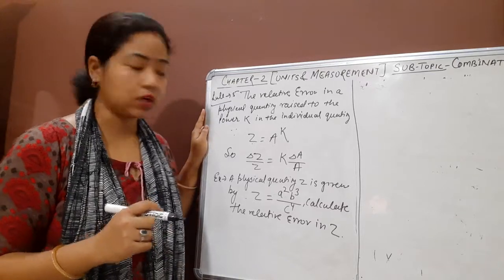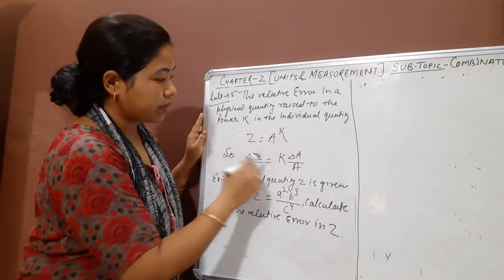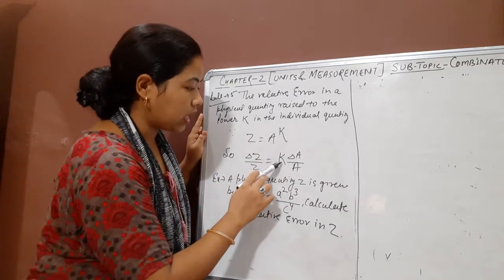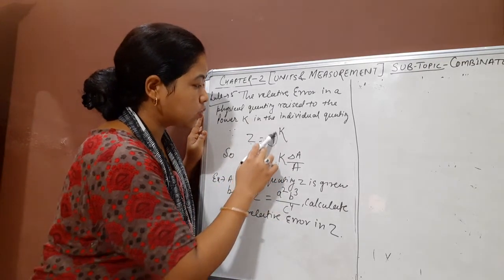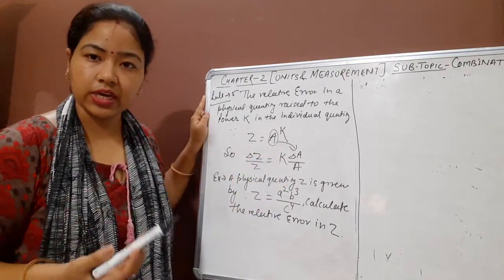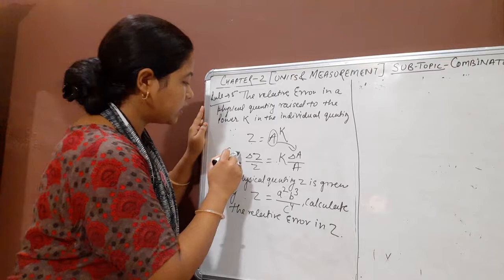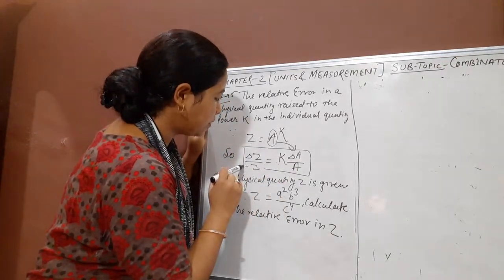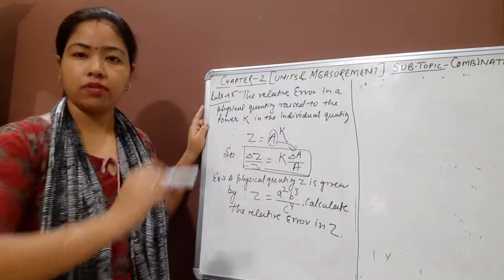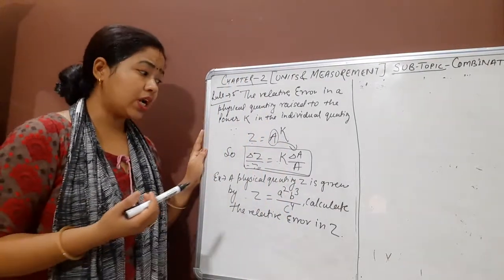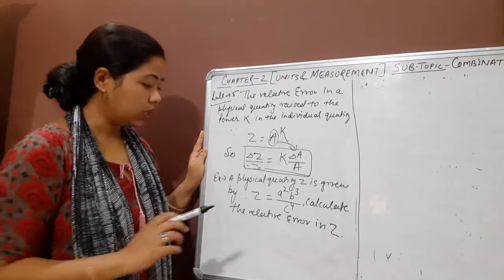So delta z over z will be equal to the power multiplied with the quantity, k into delta a over a. That will be the result whenever any quantity has any power raised to it, right?